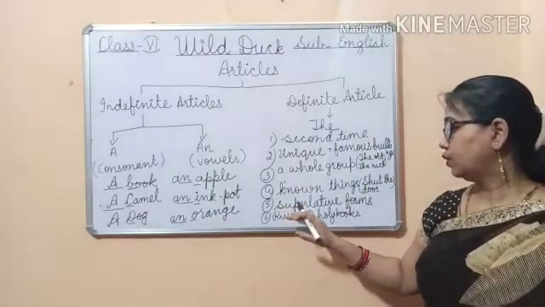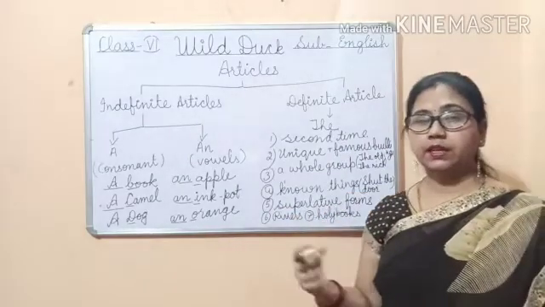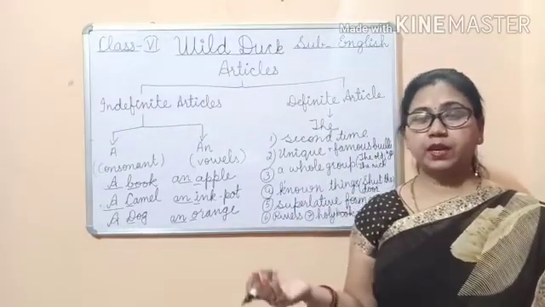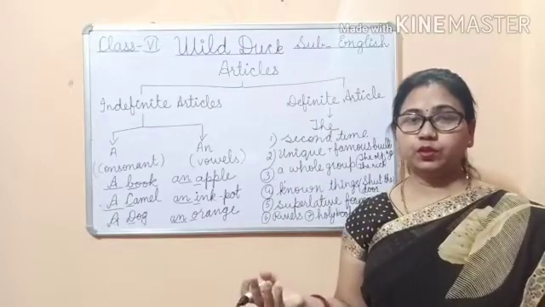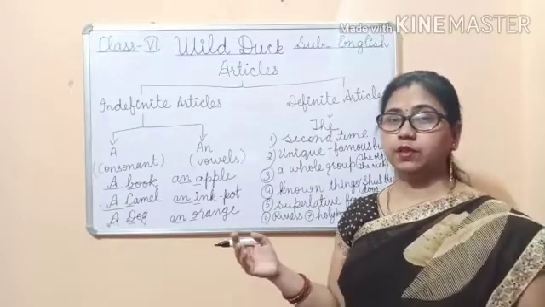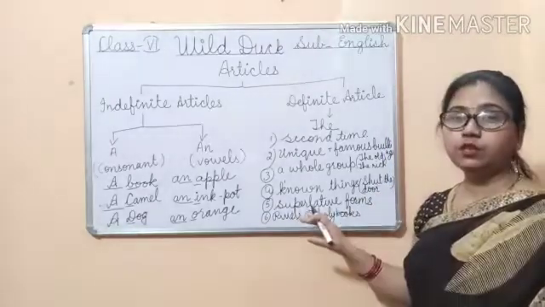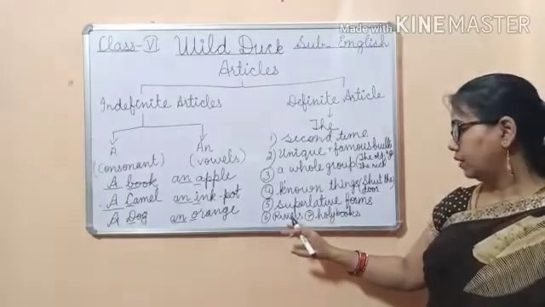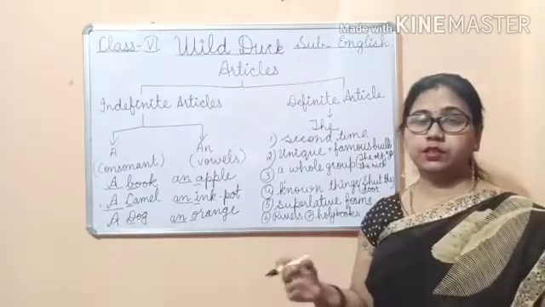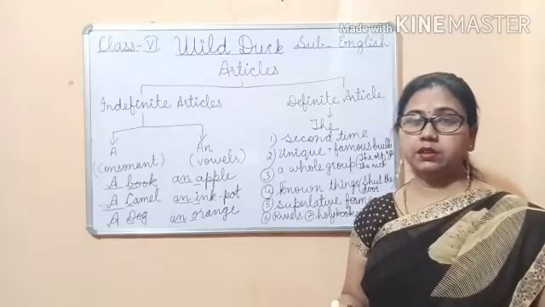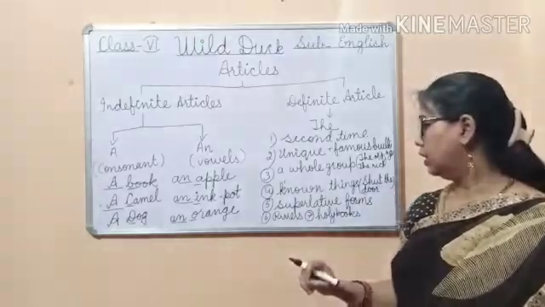Fifth number, the superlative forms, meaning the highest, the cleverest, the most beautiful. For the superlative forms we use "the". For rivers like the Ganga, the Yamuna, the Brahmaputra, we use "the".